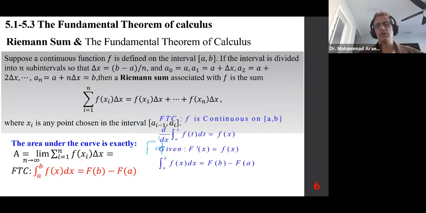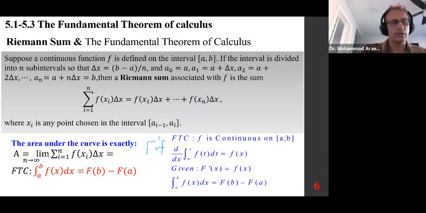So here's the fundamental theorem of calculus. d/dx of the integral from a to x of f of t dt equals f of x, given capital F prime equals lowercase f of x. The integral from a to b of f of x dx is capital F of b minus capital F of a. We're going to elaborate on all of this shortly, but here's the synopsis.